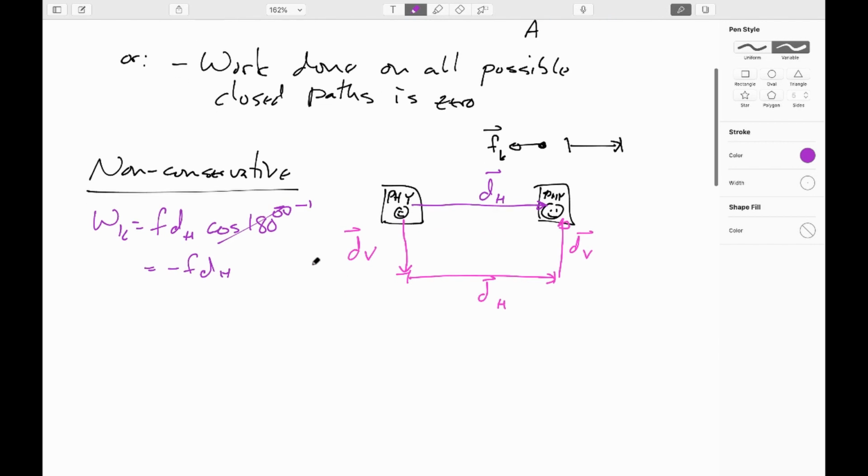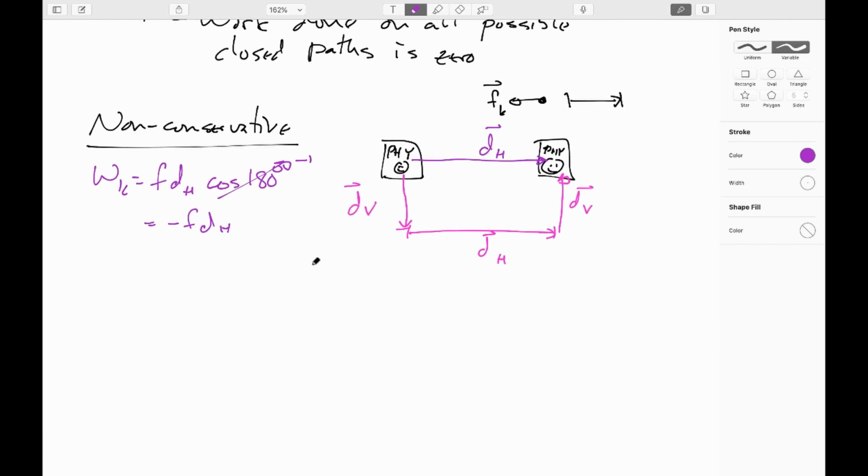Well, that's -1, so we get minus f d h. Now let's do it for the pink path here. For the pink path, we're going to have to break it into 3 chunks: chunk 1, chunk 2, chunk 3. So along the pink path, the work done by kinetic friction is along chunk 1, plus along chunk 2, plus along chunk 3. The force again opposes the motion.